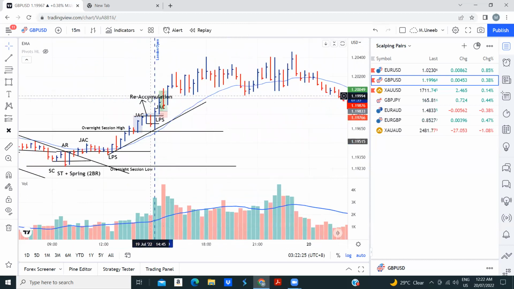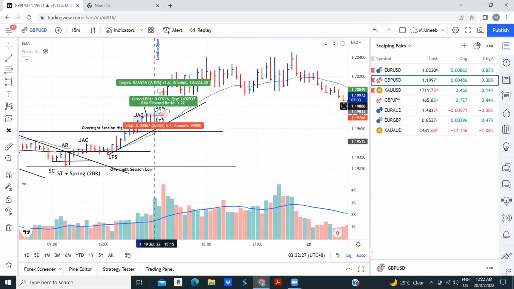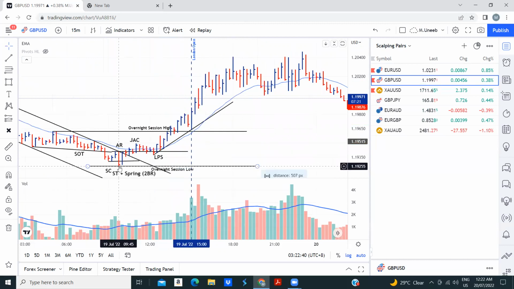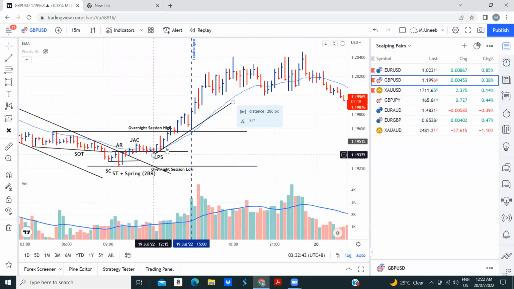All right, we can draw and remove all this, just to make the chart a little bit green, okay. We can draw this because this is the last low, and this is the first higher low.